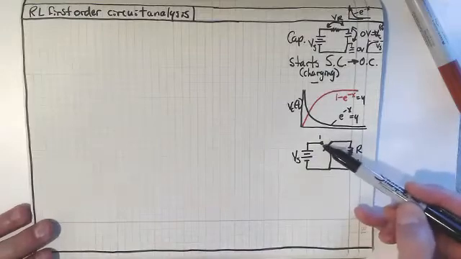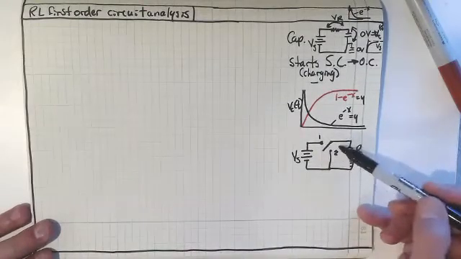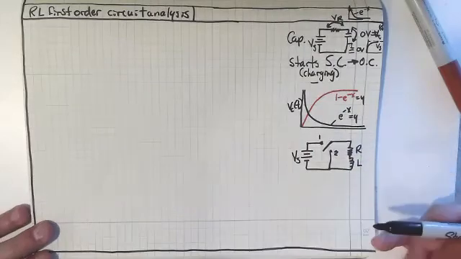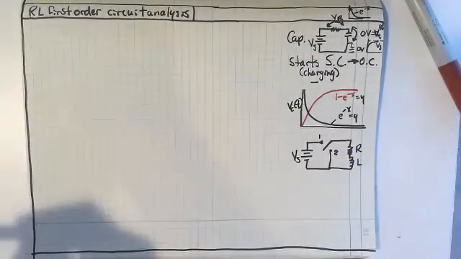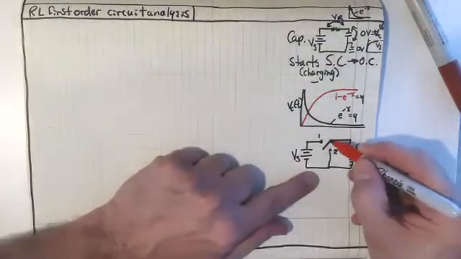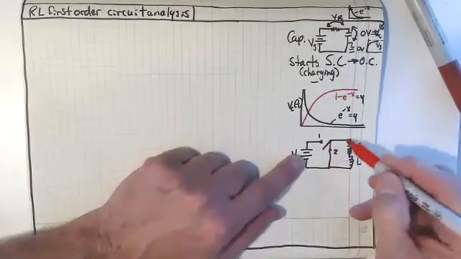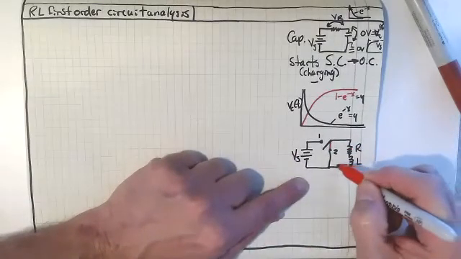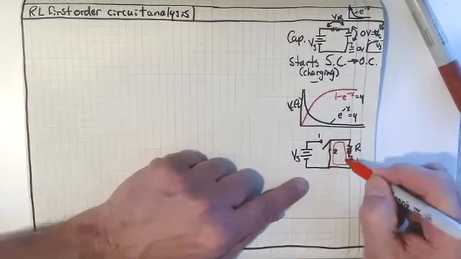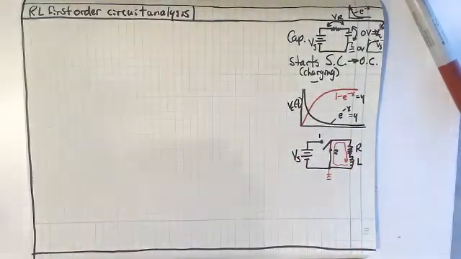Let's say that I charge this inductor up. I swing that over to 1, and I charge it up, and then I swing it to 2, right? So after I've charged it up, I'm going to swing it to 2 and have this circuit right here, so that I would have the inductor then discharging through the resistor.